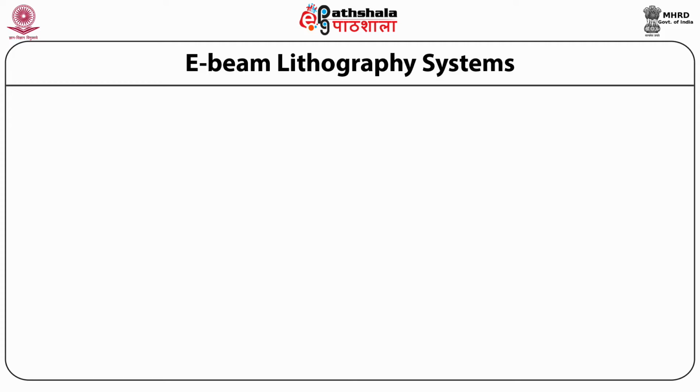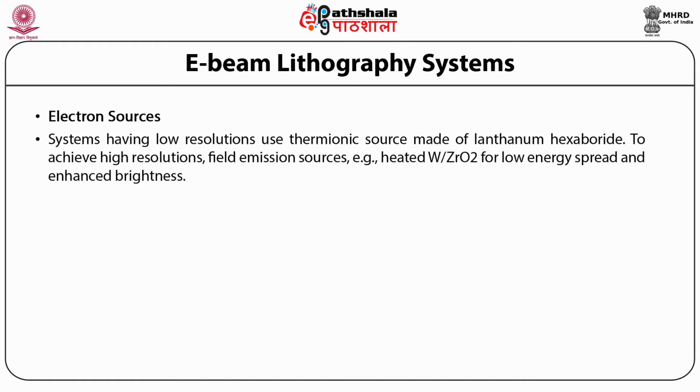Let us discuss the various electron sources. Systems having low resolutions use a thermionic source, which is made of lanthanum hexaboride. To achieve high resolutions, field emission sources are used, for example, heated tungsten with zirconium dioxide for low energy spread and enhanced brightness.